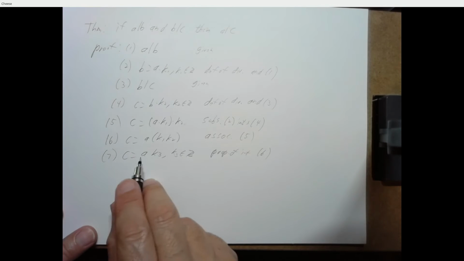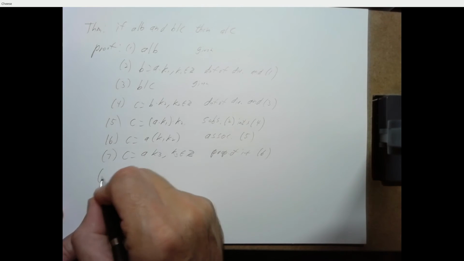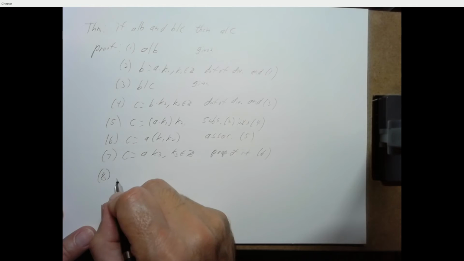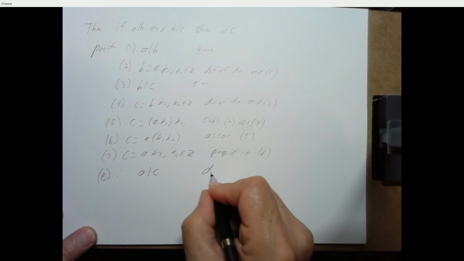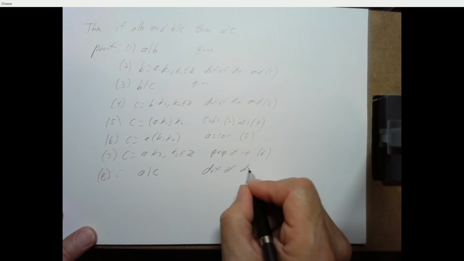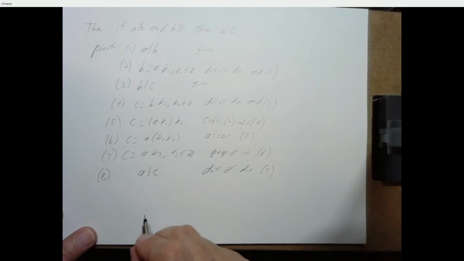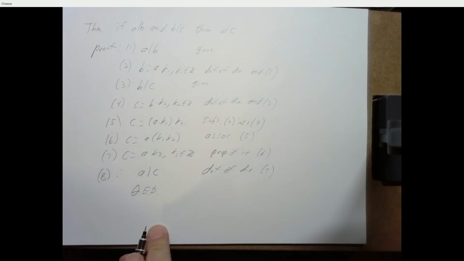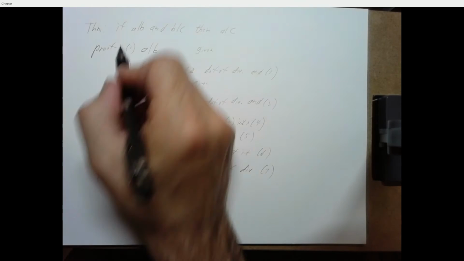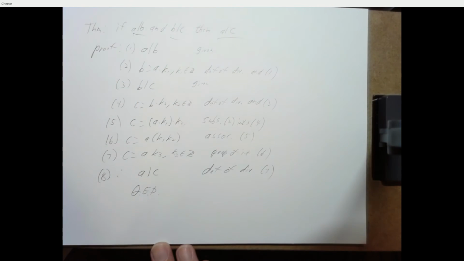Well, we've just proven that C is equal to A times some integer. And therefore, A divides C. That's the definition of divisibility applied to statement 7, and that is what we were asked to prove, A divides C. So a direct proof that this and this implies that.